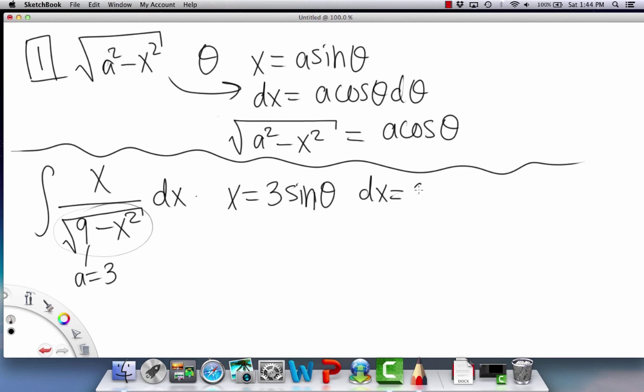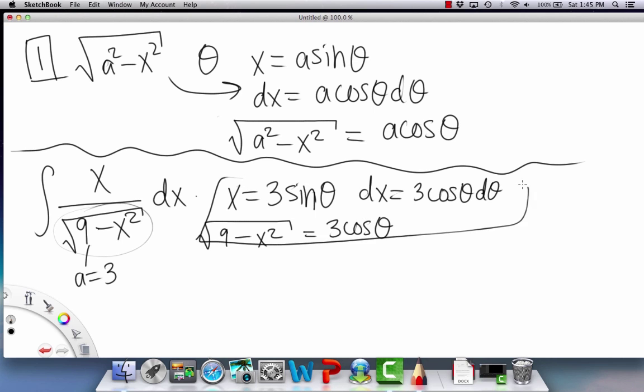Our dx is going to be 3 cosine theta d theta, and the whole square root of 9 minus x squared on the bottom is going to equal 3 cosine theta. Once we have these three values, we just plug them in for the spots.